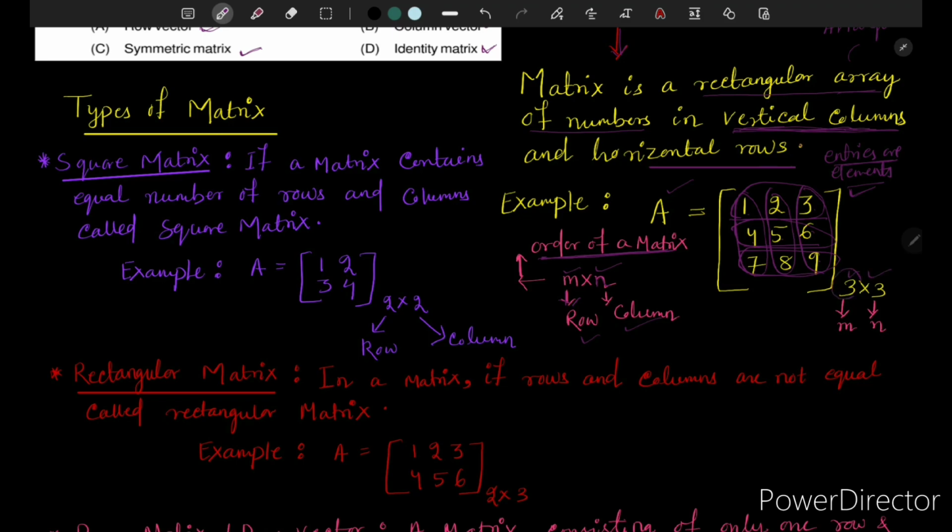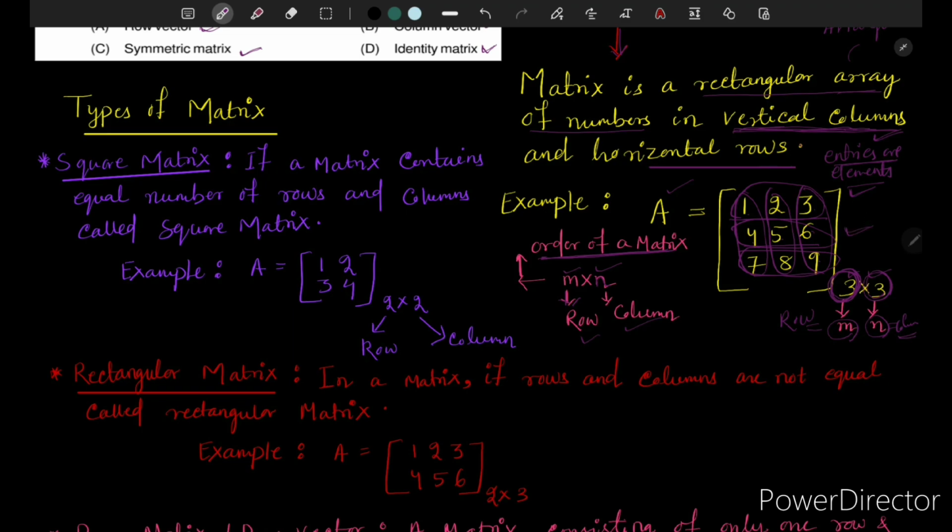That means the first number in the order is the row and the second number in the order is the column. I think you are all getting clear. So this is the definition of a matrix and an example of a matrix.